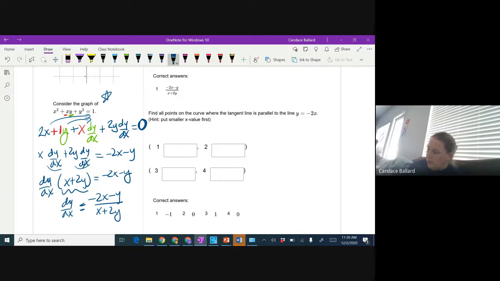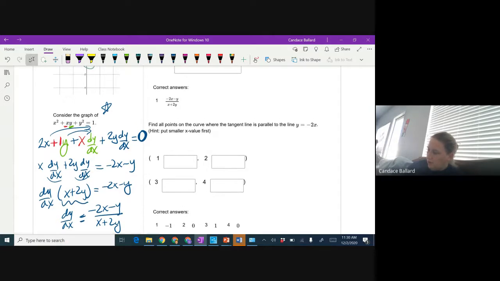All right, so now we need to find all the points on the curve where the tangent line is parallel to the line y equals negative 2x. So if I am parallel, what does that mean about the slopes? Good job. They're going to have the same slope, okay?